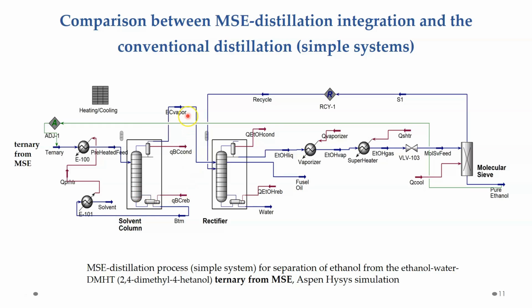The resulting vapor contains 72 to 84% ethanol. This vapor then enters the rectifier for further ethanol concentration. And lastly, the resulting distillate, which contains about 91% ethanol, is dehydrated with molecular sieve.